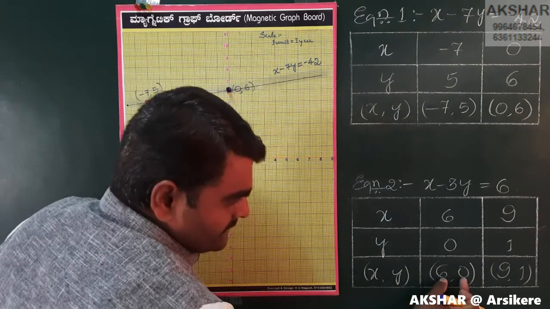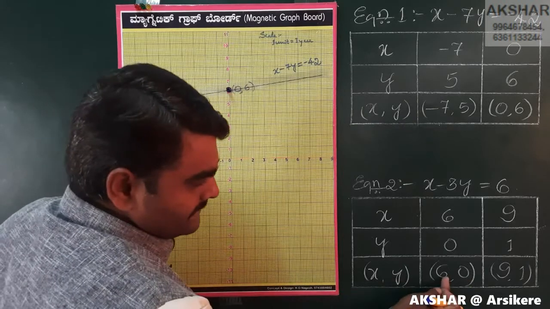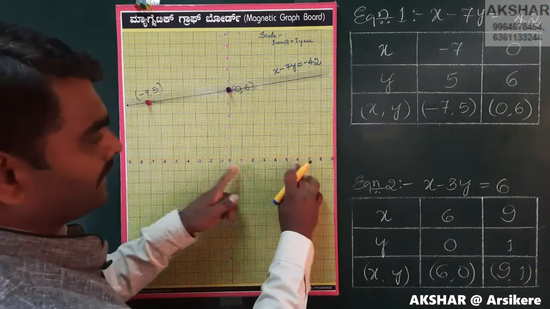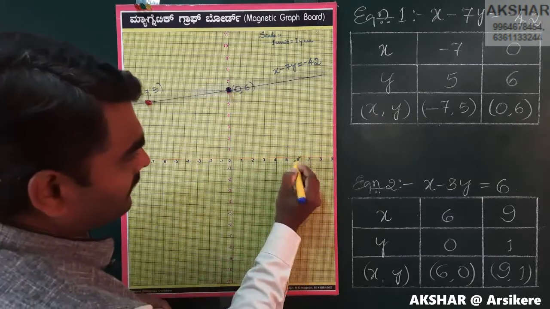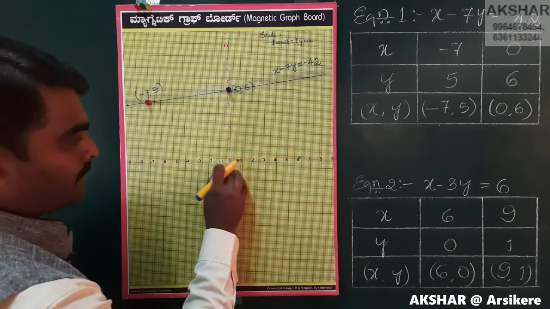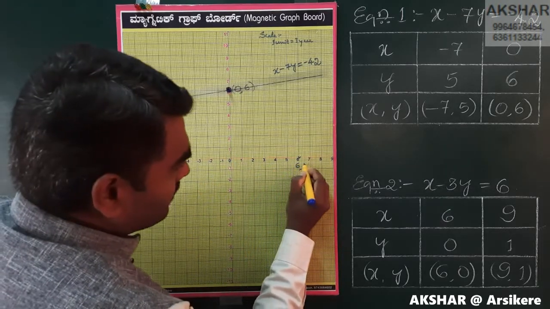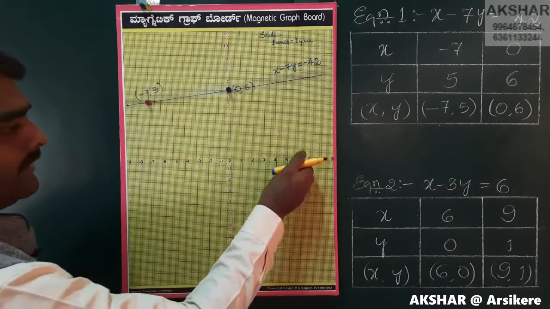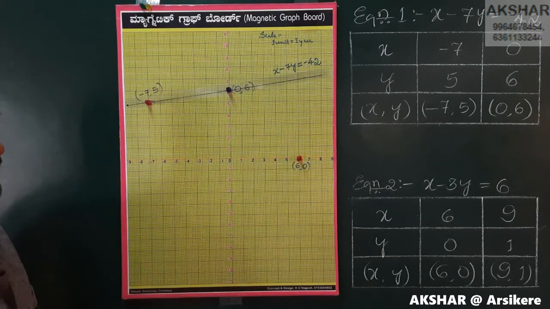See, 6, 0: the value of x is 6 and the value of y is 0. Where is 6? That is positive. 6 is here and y is 0 here. So, the coordinate point is 6, 0. This is the coordinate point, right? Okay, my dear children? Yes.